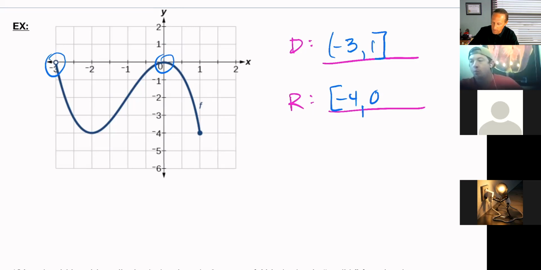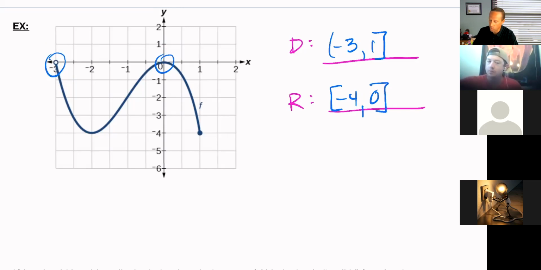You got to be careful. It is not here, but it is here. And so just like here, the -4 on my y's was included not once, but twice. But is the 0 included? Well, not here, but it is here. So we will include it here.